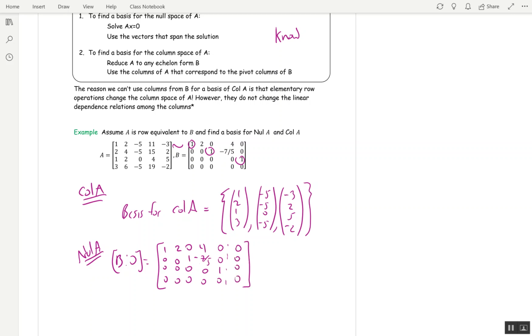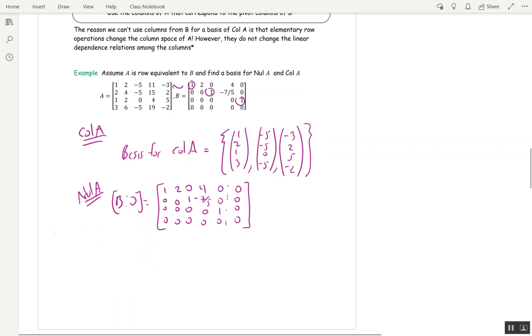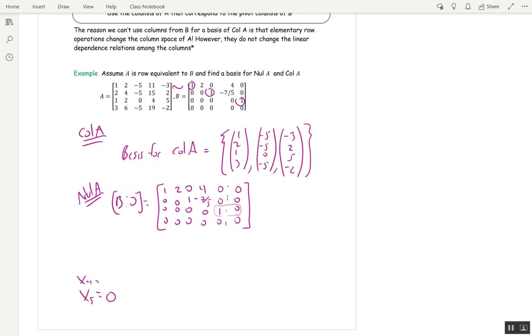All right, so there's 1, 2, 3, 4, 5 variables. So we're going to start at the bottom with x5. This equation right here says x5 is 0. X4 is free because the fourth column is not a pivot column.